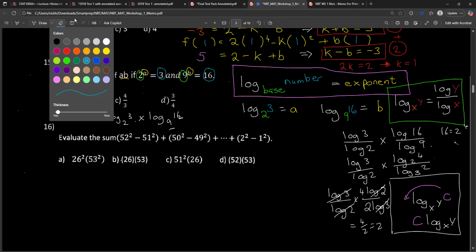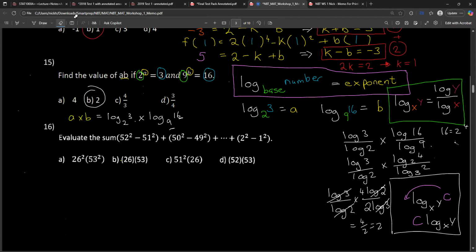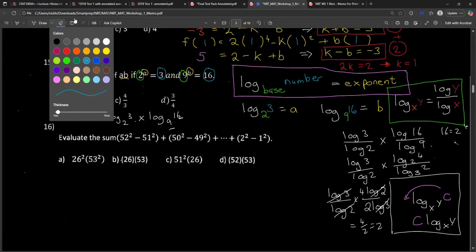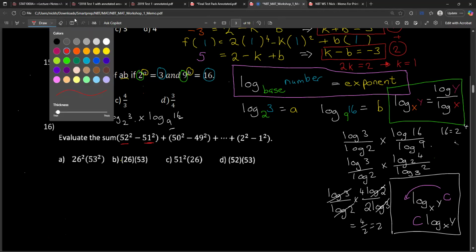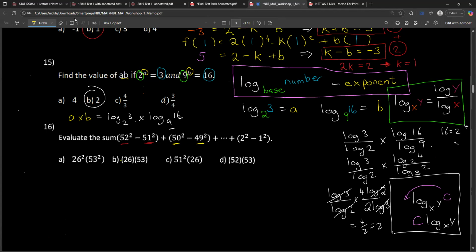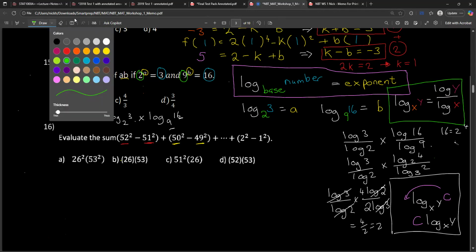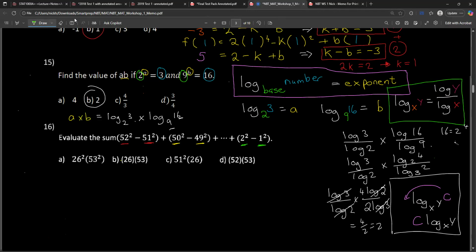Okay, now question 16. What we notice here is the difference of squares, don't we? Perfect square minus perfect square. And they want us to evaluate the sum all the way down to 2 squared minus 1.